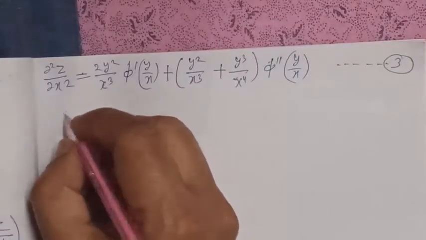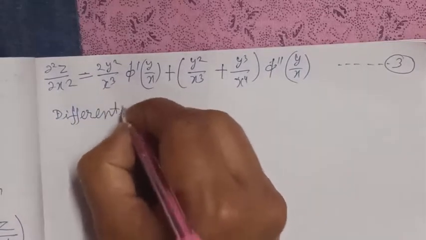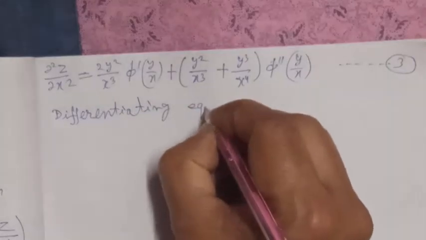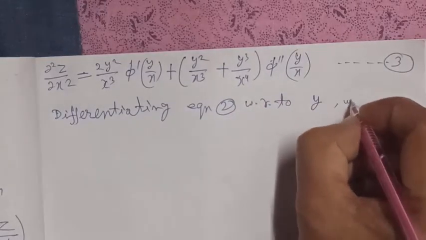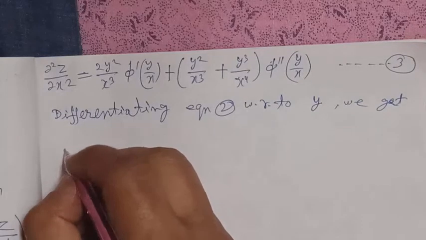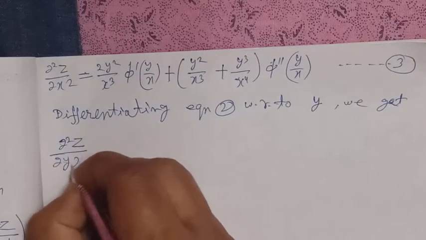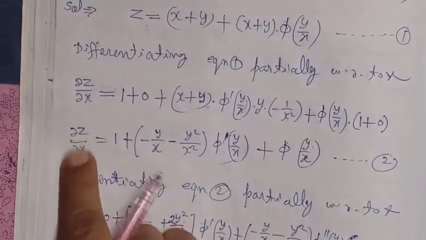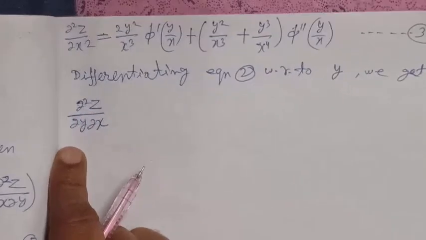So I differentiate equation 2. I write here: differentiating equation 2 with respect to y, we get, on the left hand side, del 2 z over del y del x, because here del z over del x is present, and now differentiating with respect to y, we get del 2 z over del y del x.